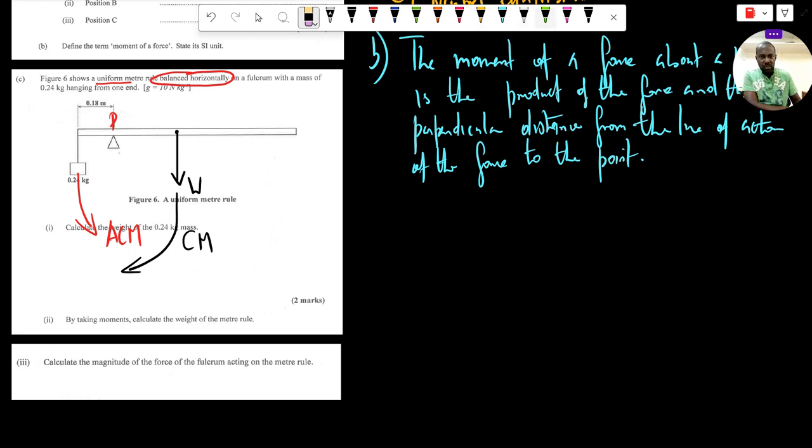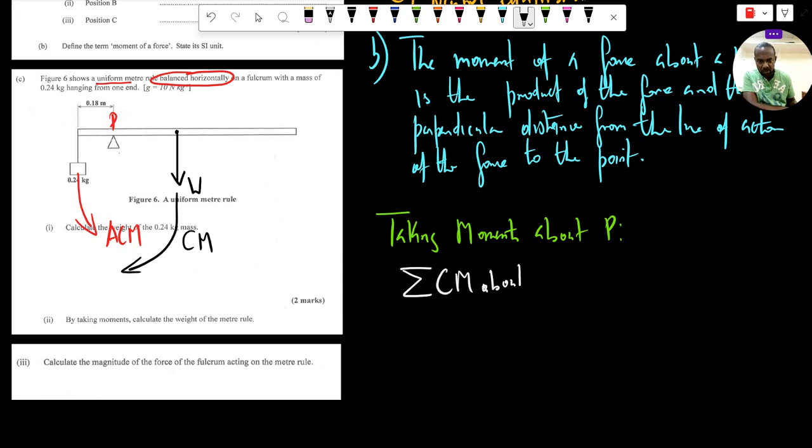So we say that taking moments about the pivot P, the sum of the clockwise moments about P is equal to the sum of the anti-clockwise moments about P. And we'd have already established that the 0.24 kilogram mass, which of course has a corresponding weight of 2.4 newtons, is producing an anti-clockwise moment, whereas the weight of the meter rule is producing a clockwise moment.